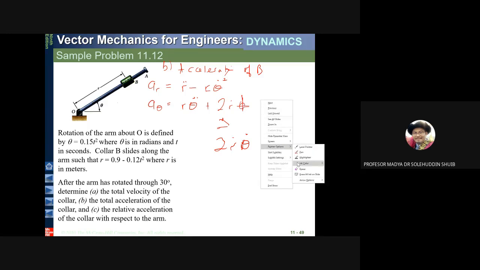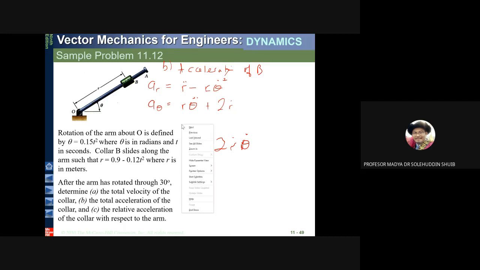You can refer in your textbook for these two important equations. So make sure you write it correctly. A transverse equal to R theta double dot plus 2R dot theta dot.